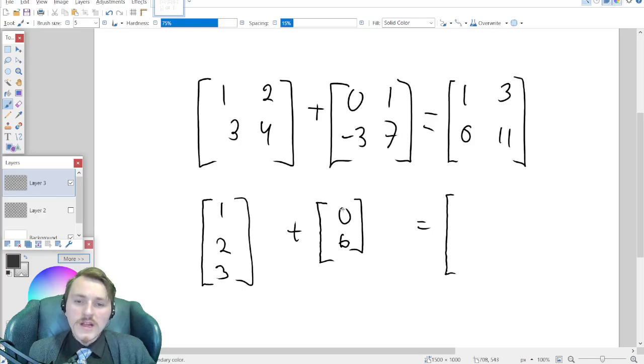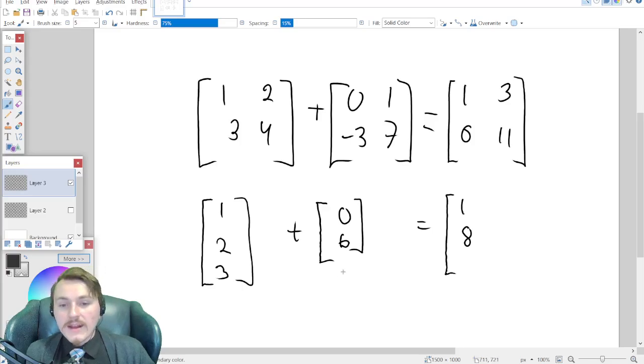First row, first column, first row, first column, 1. First column, second row gives us 8. Third row, first column, oh, there's nothing here. Do we put a 0 here? Do we put a, no. You just can't add it, right?